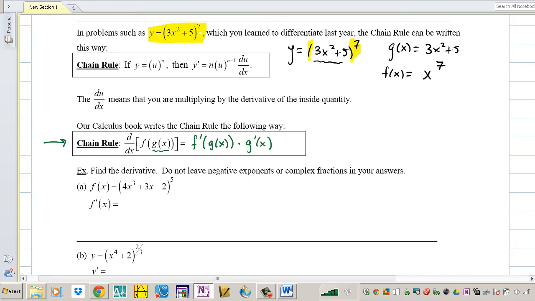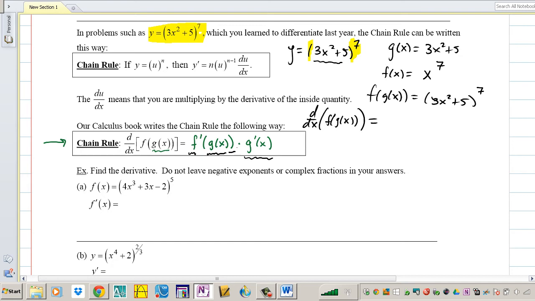Okay, so f of g of x is (3x squared plus 5) to the 7th. Now let's take the derivative of f of g of x. Okay, notice that the chain rule contains three components. You need to know what g prime is, you need to know what g is, and you need to know what f prime is.